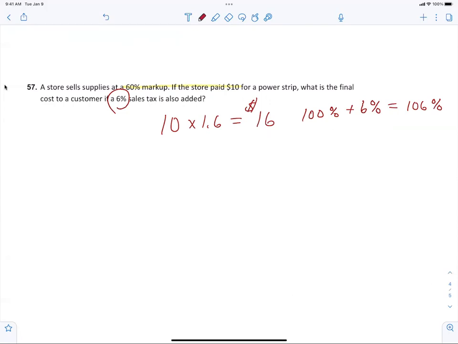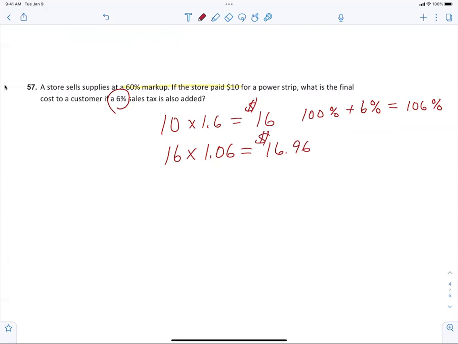So now I want everybody to put underneath that 16 times what? Mikey? 1.06. Right, 1.06. And then tell me what that is. $16.96. Does anybody have any problems with that?